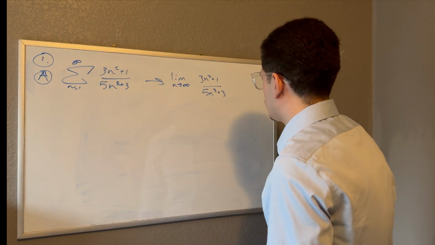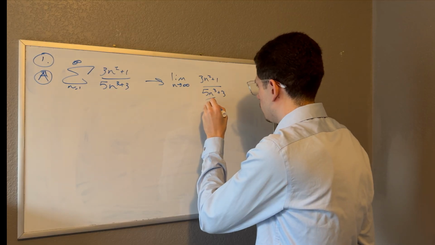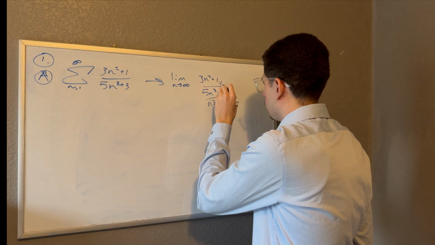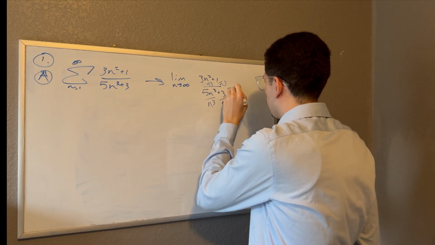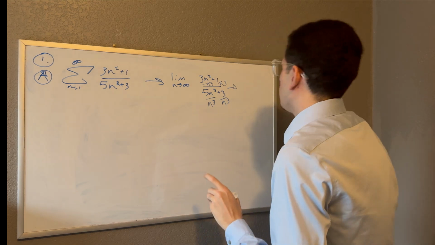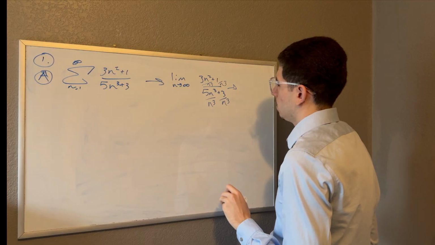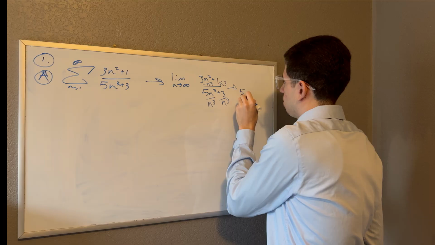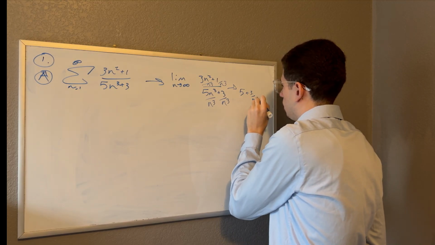Okay, now let's factor out n to the 3. Now we get this plus 3 and 3.